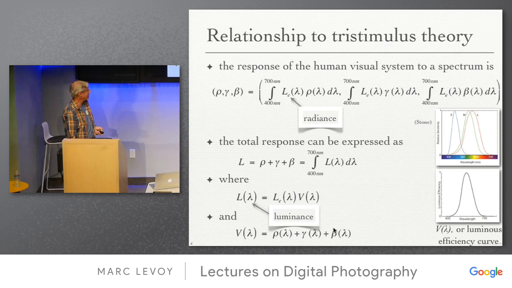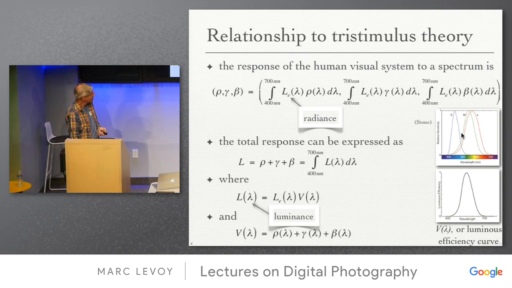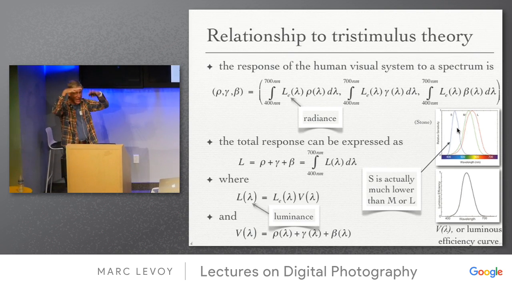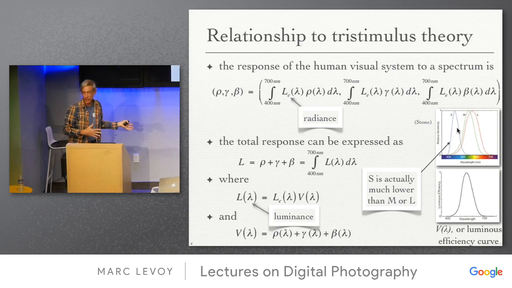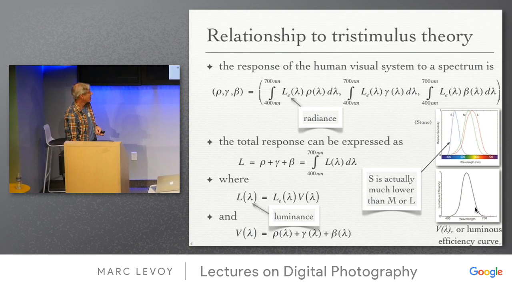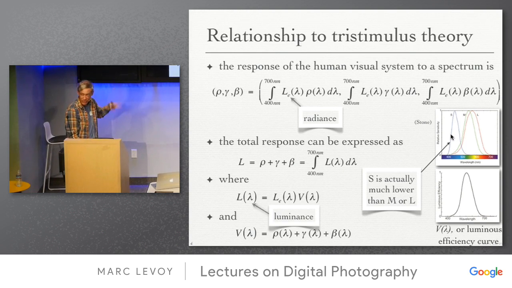This function here, which is the sum of rho gamma beta, is called the luminous efficiency curve. So you just take rho gamma beta, there they are right there. This is one of those weird representations where they're scaled up to the same height, but that's not actually true. We're much less sensitive in the short wavelengths than in the medium or long wavelengths. But if you add those 3 curves, appropriately scaled so that S is much lower, you'll get this.